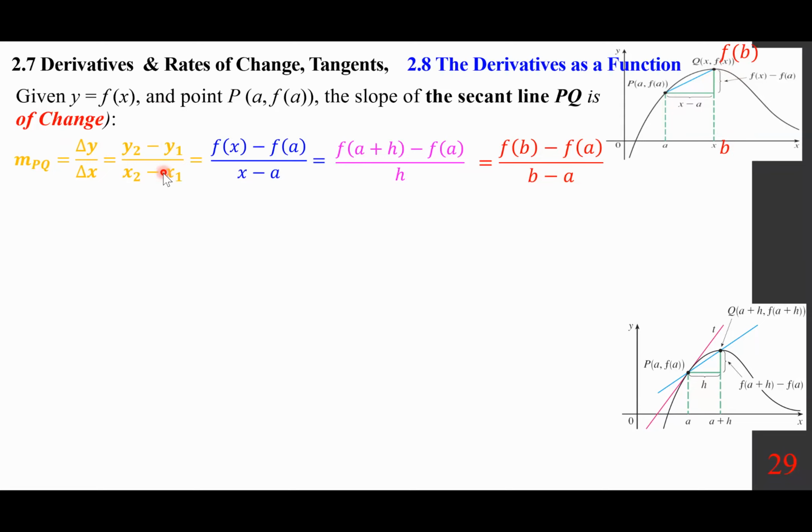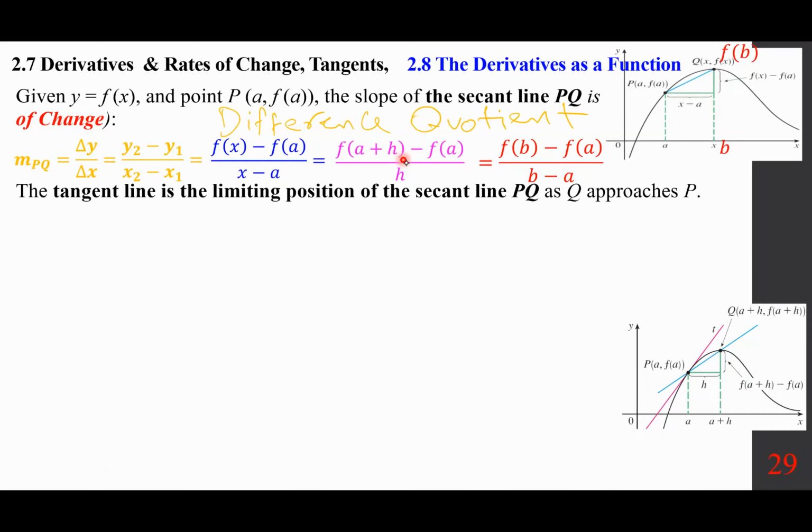Now, we also call him the difference quotient. And for a difference quotient, most of the time we use this one to represent the difference quotient, but they all mean absolutely the same thing.